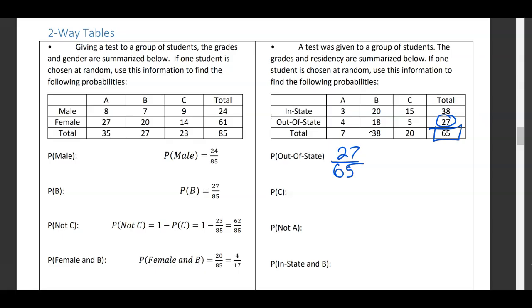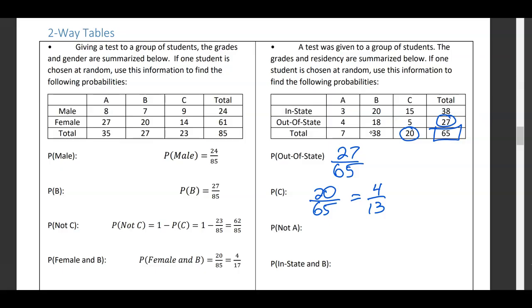The probability of getting a C, subtotal 20, grand total 65. And all of these you would simplify, if possible. Use your calculator, if necessary. I know 20 out of 65 will reduce because there's a 5 that I can pull out of both of them. So that would reduce to 4 over 13, as an example. 27 65ths does not reduce.